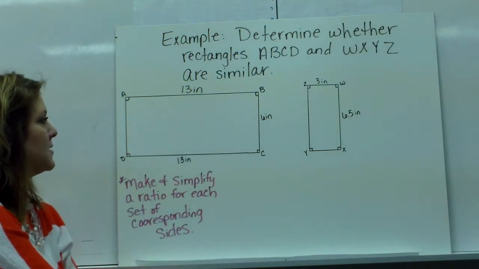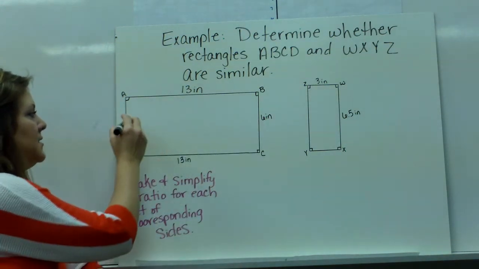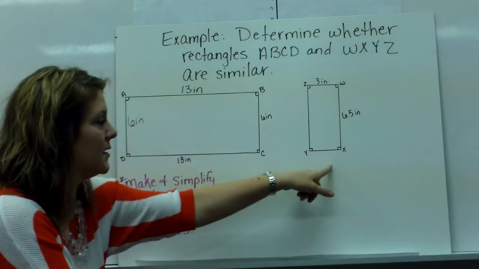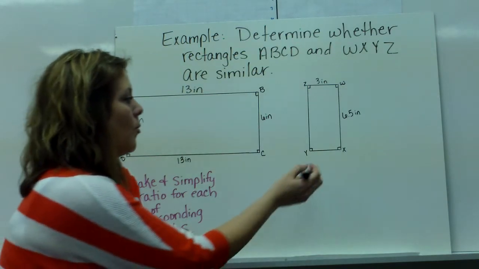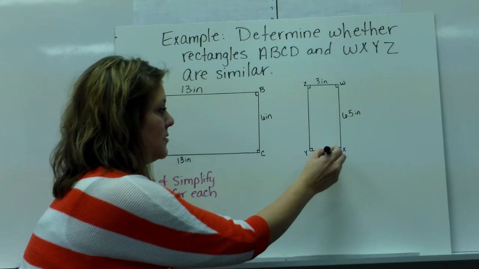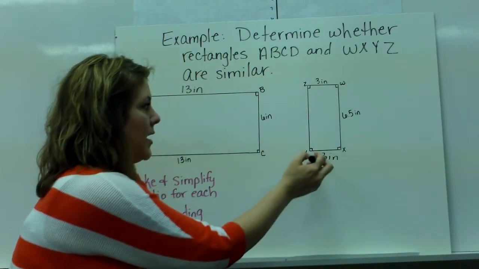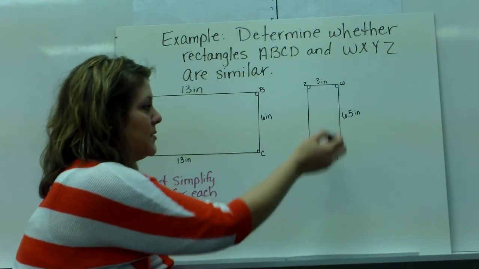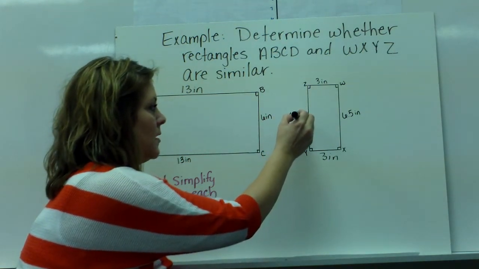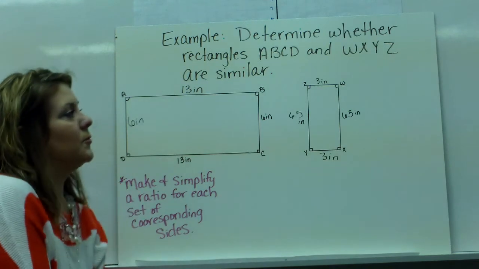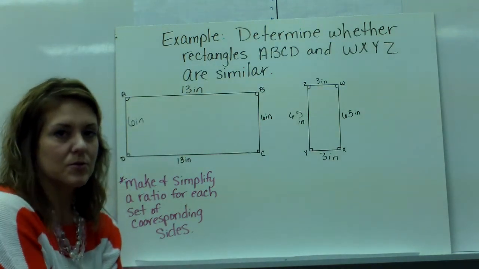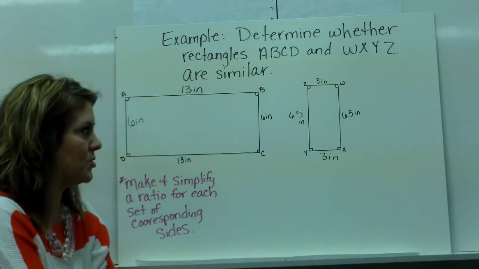And then, since BC is 6, AD is 6 inches as well. And then again, in our smaller rectangle, YX is going to be the same as ZW. So that's 3 inches. And then ZY is going to be opposite of WX, so that's going to be 6.5 inches. So really with a rectangle, we just need to test the length and the width, because the opposite lengths and widths are going to be the same measurement, so we'll get the same ratios.